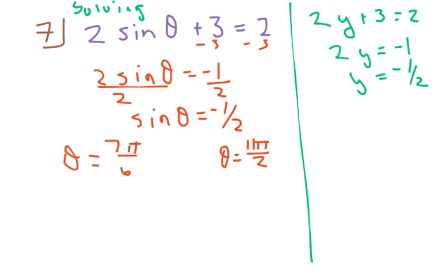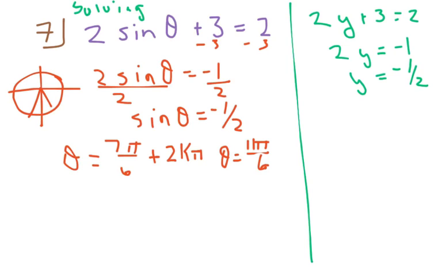Now, if they ask for all solutions, then you have to put plus 2k pi. That just means that you keep going around the circle several times. So we're down in here and here.